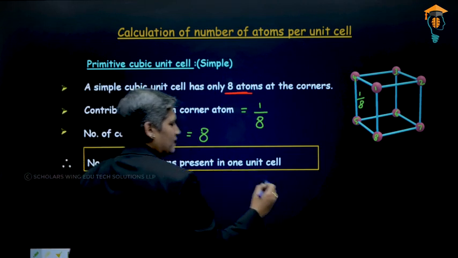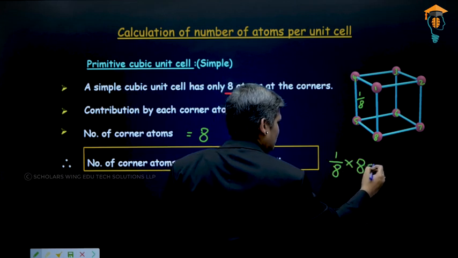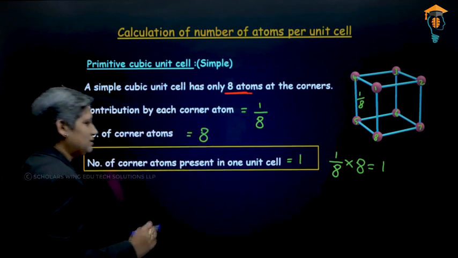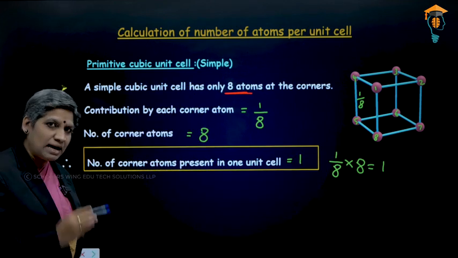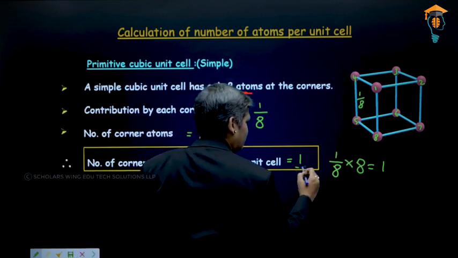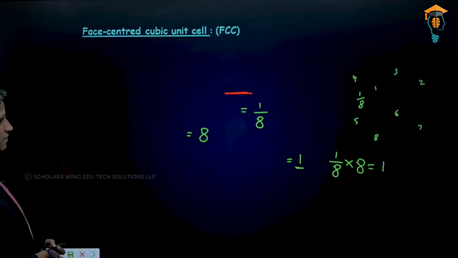That means 1 by 8 into 8 is nothing but 1, isn't it? Therefore, my dear friends, please remember number of corner atoms present in one unit cell is 1. Okay. Shall we proceed now? Very good.